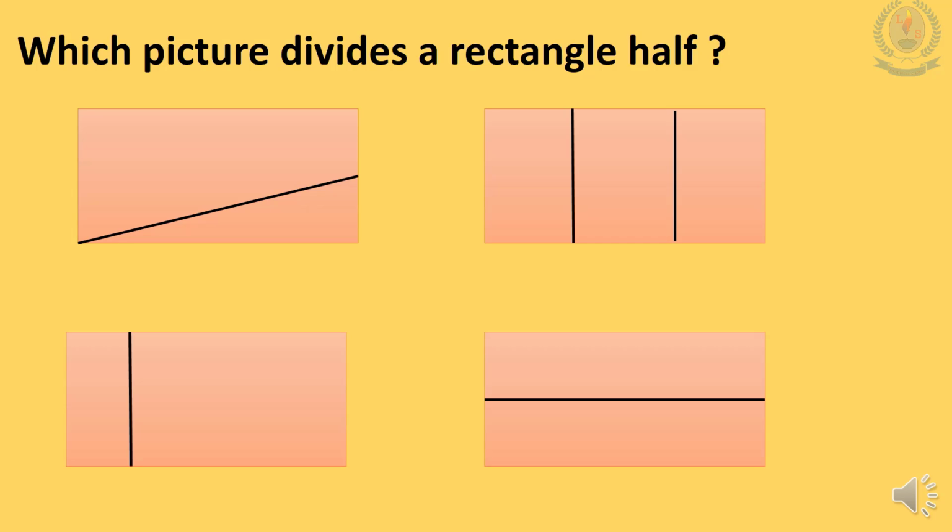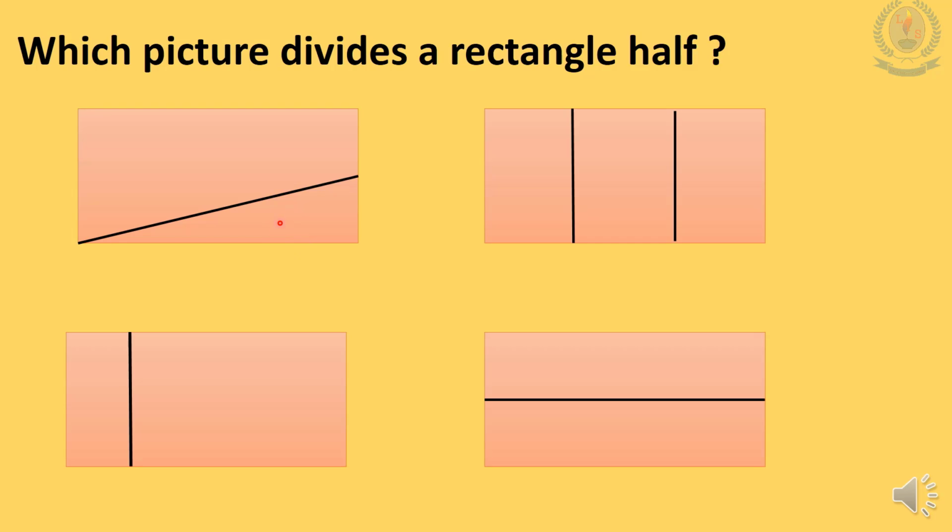Which picture divides a rectangle in half? Now we all know what is half. What is halves? Right? You have to find which picture divides a rectangle in half. Now look at the first rectangle. This part is much larger than this one.